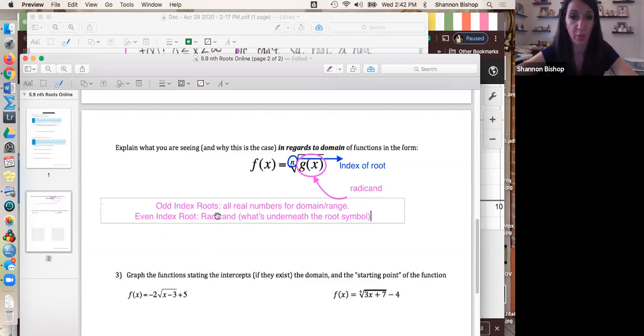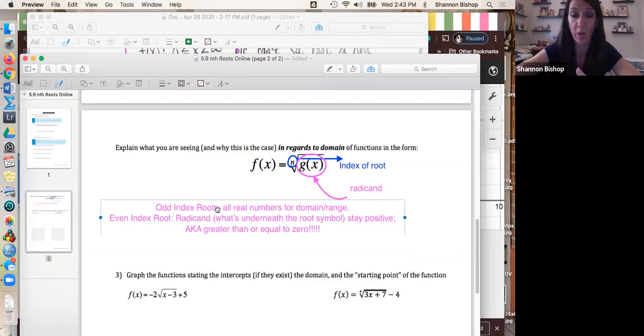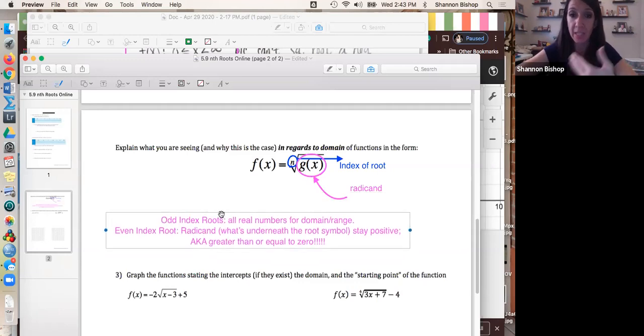So the radicand has to stay positive, aka greater than or equal to 0. That's how you'll know where the domain has to be: the radicand will have to stay greater than or equal to 0.